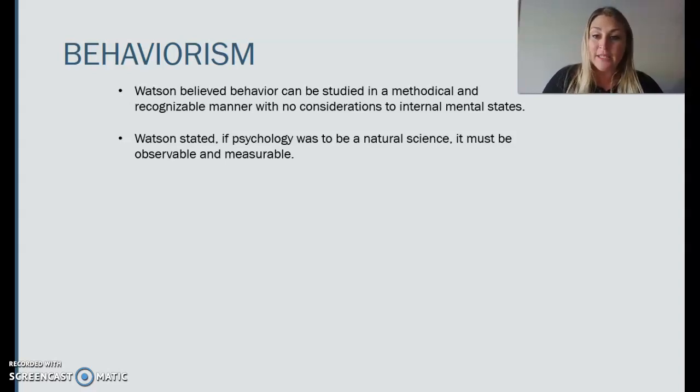He thought that consciousness as a private event was completely unscientific to study, which is what I mentioned. So if psychology was to be a natural science and a credible field of study, it must be observable and measurable, which he was able to do with the behavior of individuals.